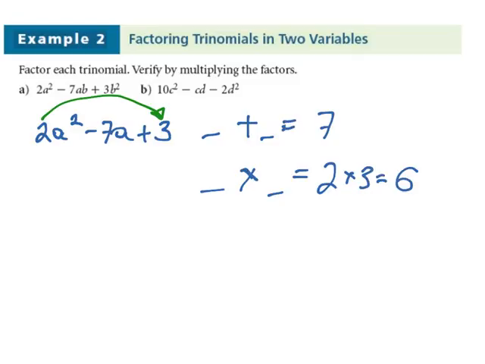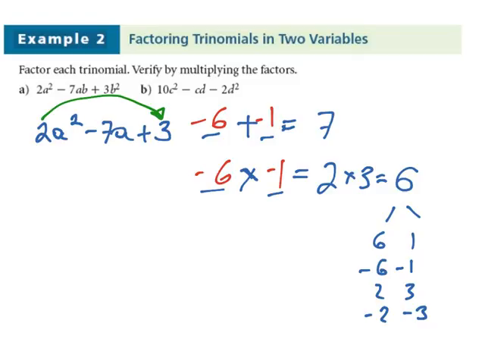We ask for all the possible factors of 6: 6 and 1, negative 6 and negative 1, and 2 and 3, and negative 2 times negative 3. And those values are negative 6 and negative 1.